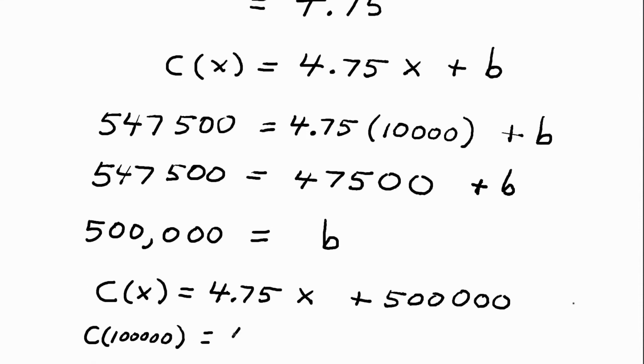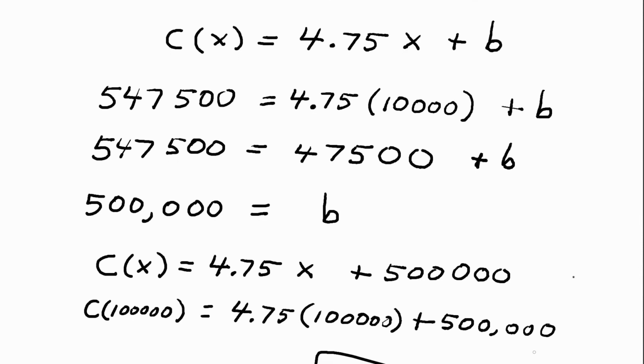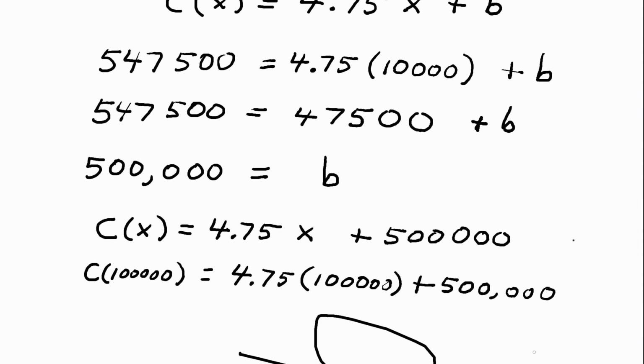So it's 4.75 times 100,000 plus 500,000. What's this blob? Well, it was from an earlier test. So if you do the calculation, erase this, what you see is you get 475,000 there as the first term.